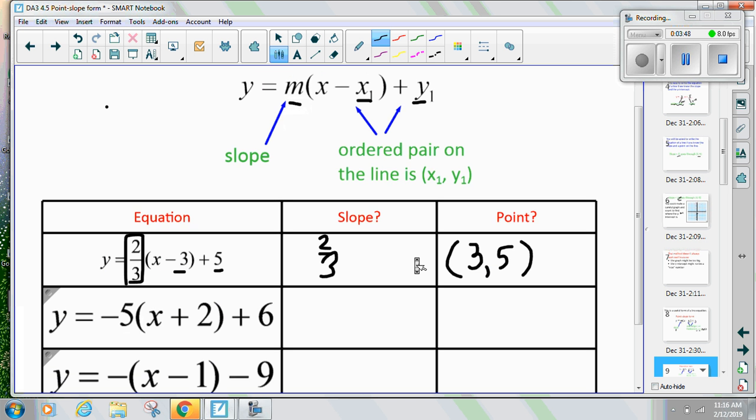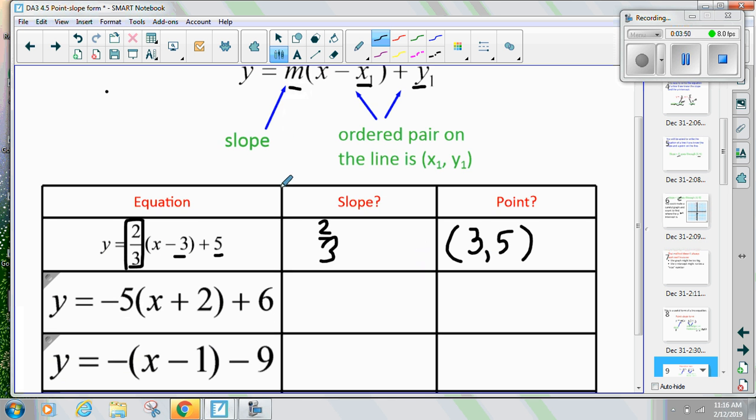Okay, well, let's look at a different one. I'm going to be a little bit careful. Again, my slope is easy to recognize, so I'm multiplying by, so my slope is -5. And it looks like I have an x sub 1 and a y sub 1 right here, but what's the sign that goes with my 2? Remember, this was x minus x sub 1. Well, this is x plus 2.